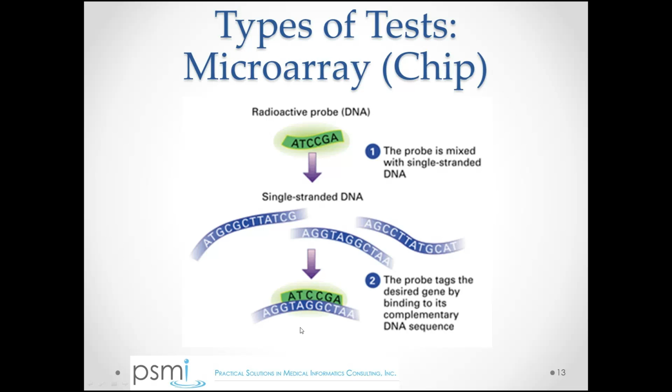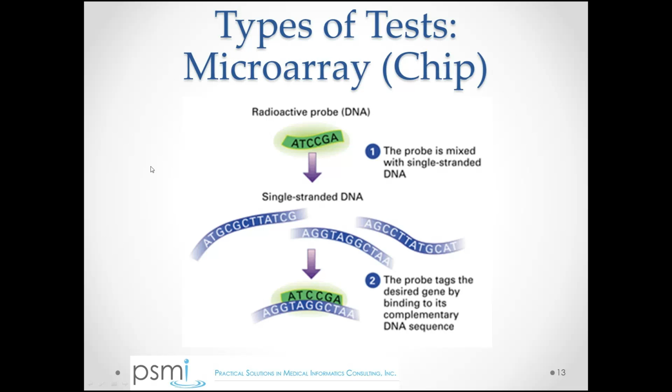So in a chip, imagine, if you will, you have a whole bunch of probes. You have a whole bunch of wells on a chip, and in each well, you've glued in a particular probe. Now you go ahead and chop up some DNA, throw it into these different wells, and there'll be some wells where the DNA will stick.